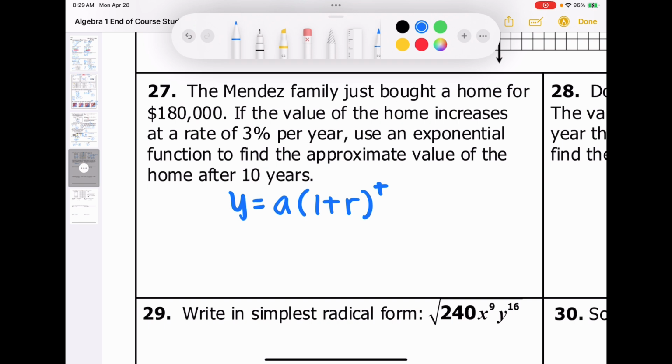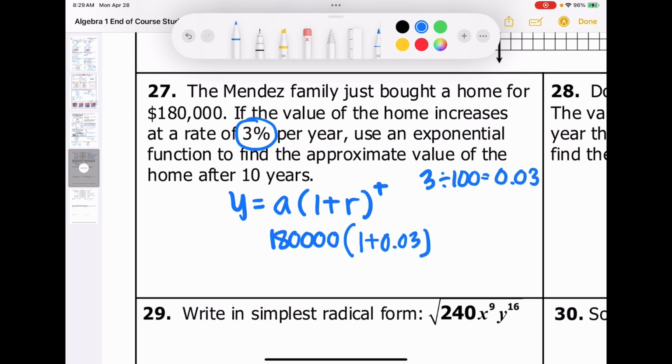So A is your initial. So they bought the house for $180,000. Now it's increasing at a rate of 3%. So when I put my percentage in, it must be a decimal. So I'll do 3 divided by 100, which gives me 0.03. And then t is time, which is 10 years.